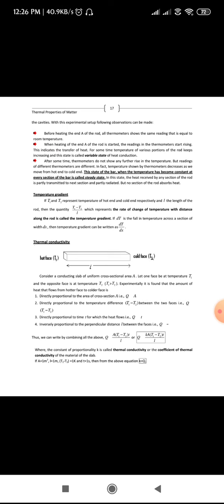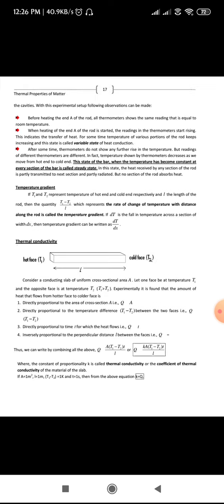As you keep on supplying heat to the end A, the temperature becomes constant at every section of the rod. So even though you supply heat, the thermometer doesn't show an increase in temperature. That is called the steady state.